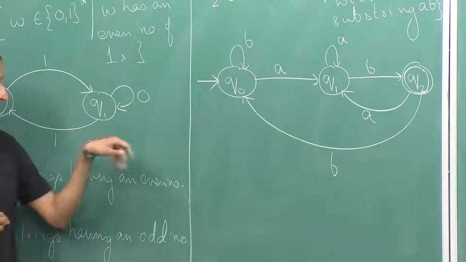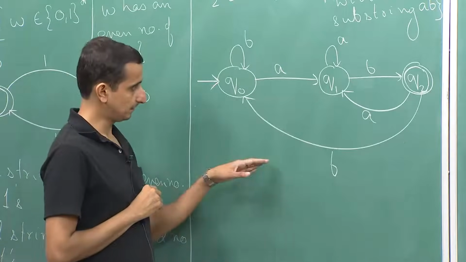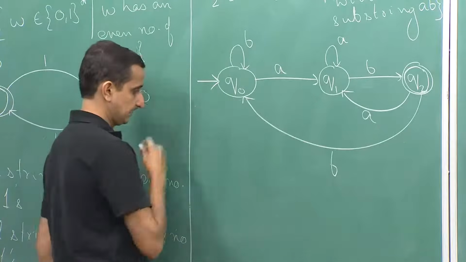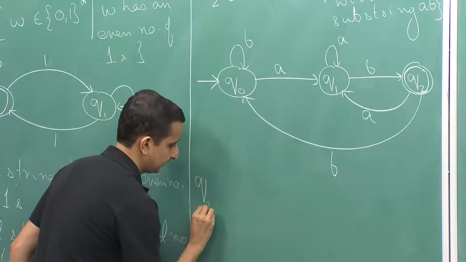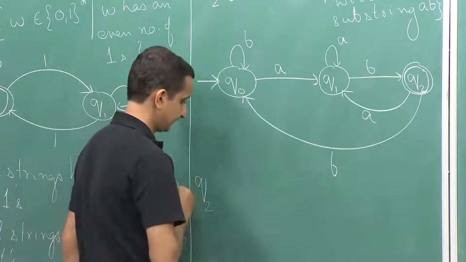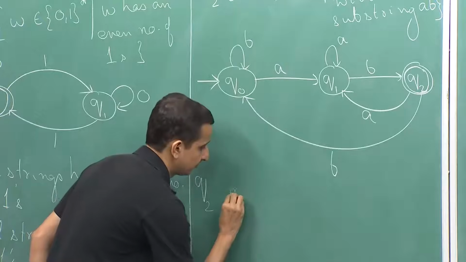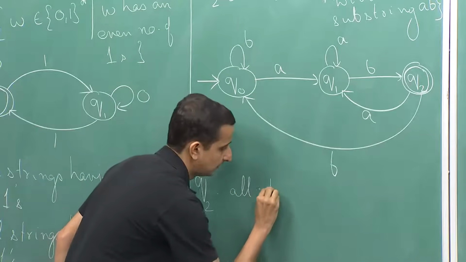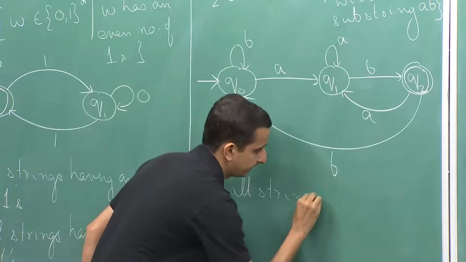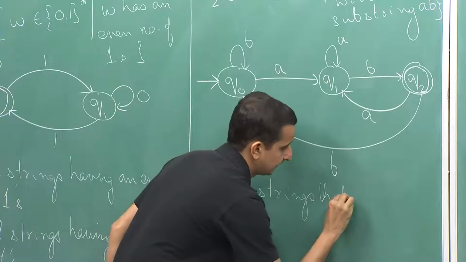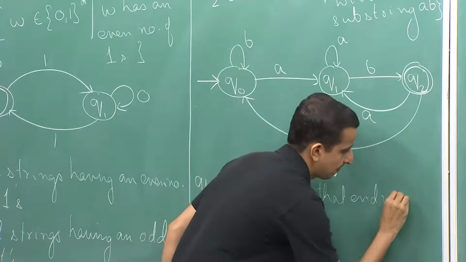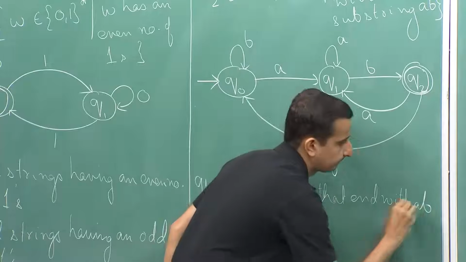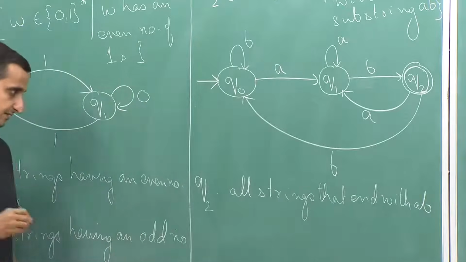Okay. So, let me write down the intuition that I mentioned about the states. In this, Q2 corresponds to all strings that end with the substring AB.